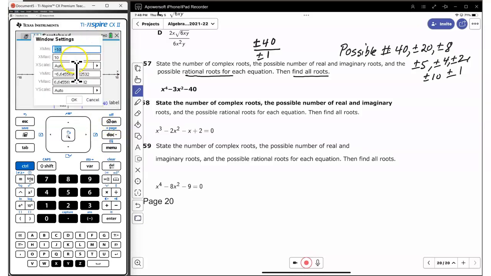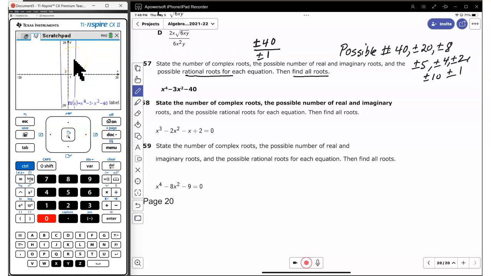I just want to see how it's behaving. We have Y min negative 20, Y max 20, and then we'll see what's going on. Okay, it appears that it's at these 2 points.